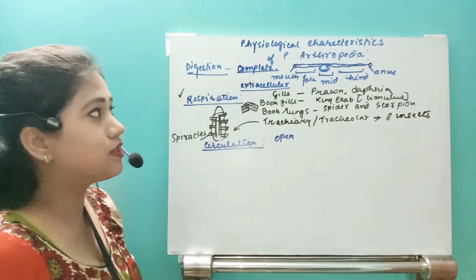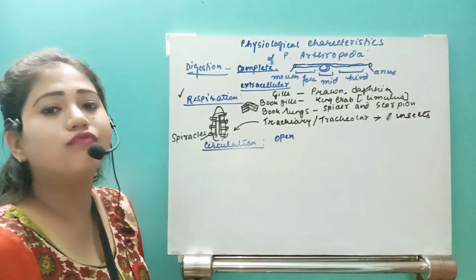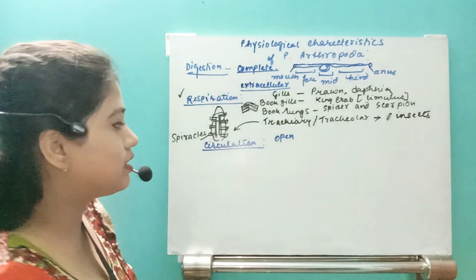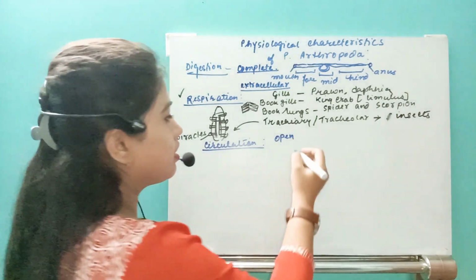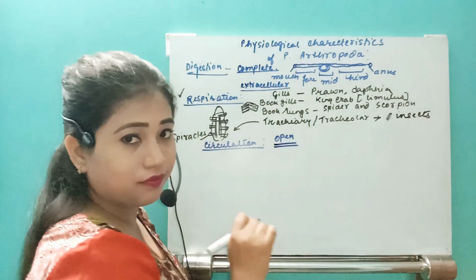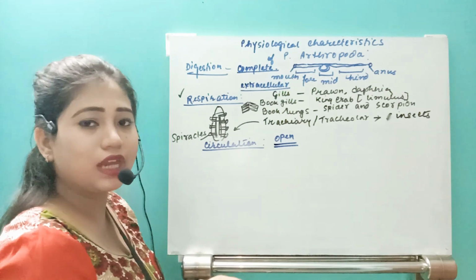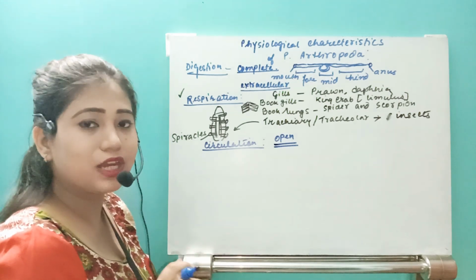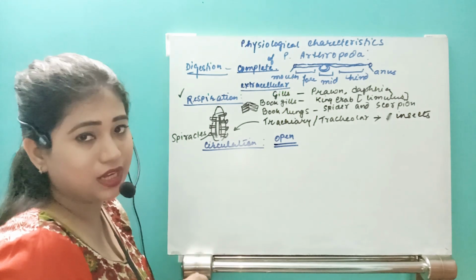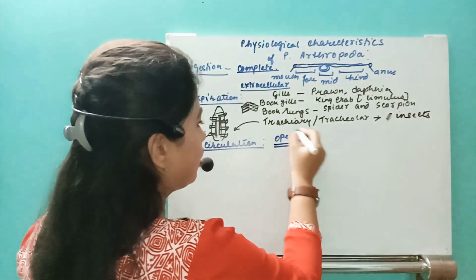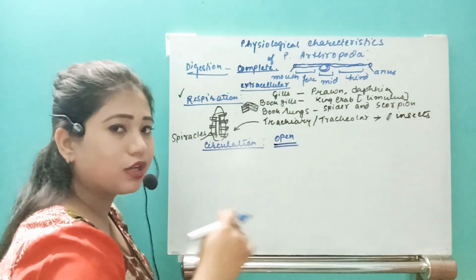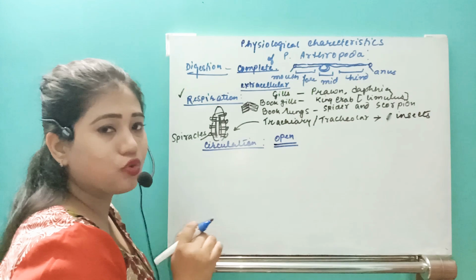But the phylum Arthropoda has open circulation, and open circulation means they do not have blood vessels. Blood is simply flowing in the coelom. So that's why the coelom is known as hemocoel. Remember that. The coelom where the blood is circulating is the hemocoel.